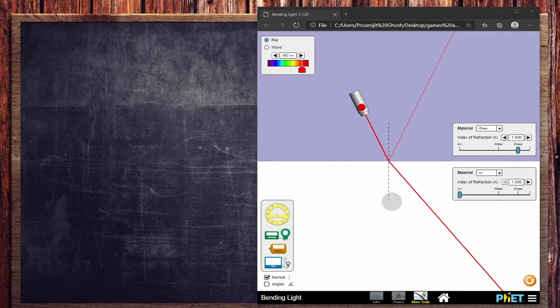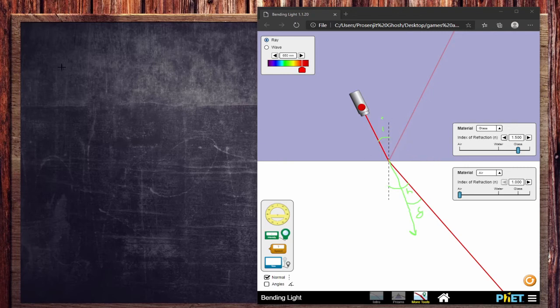So this will give you a little change in the deviation angle. First of all, let me mark this line as the path of light. How much is it deviated? This is the deviation of light. The whole angle is R, the refracted angle, and this is the incident angle I.